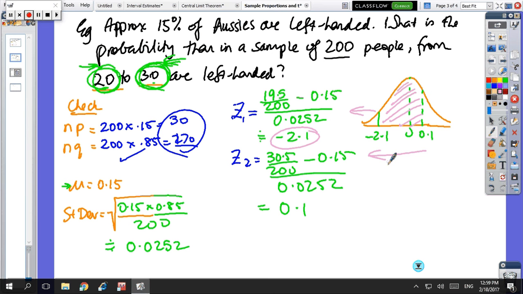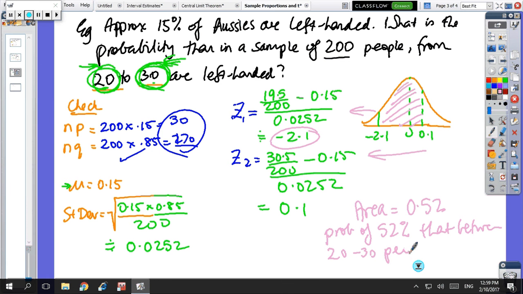And according to my answer, the area was about 0.52, so about 52%. So there's a probability of 52% that between 20 and 30 people were left-handed.